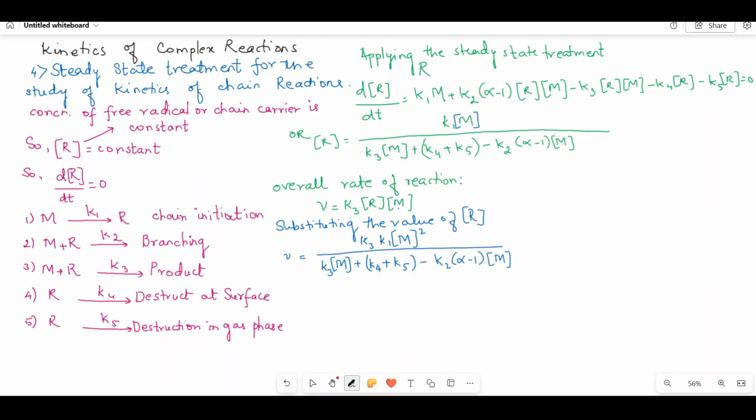Now chain length of a chain reaction is defined as the overall rate of reaction divided by the rate of initiation reaction.